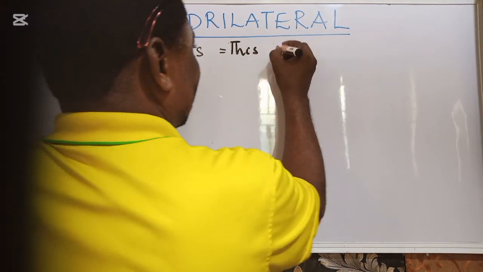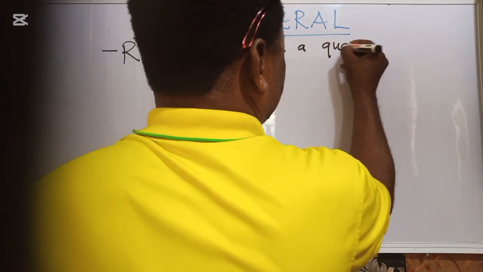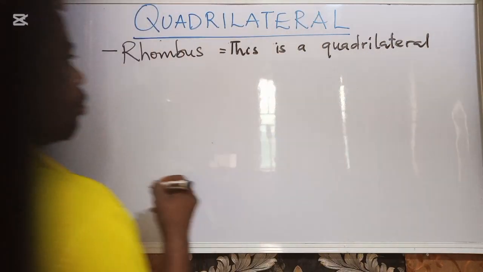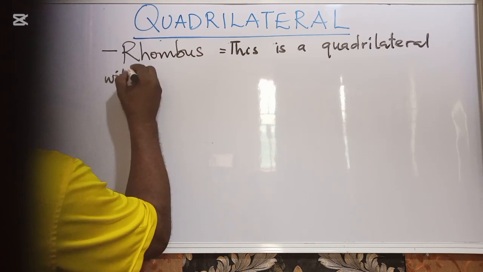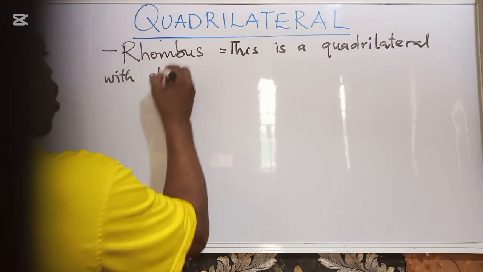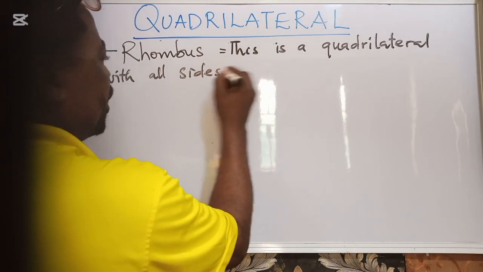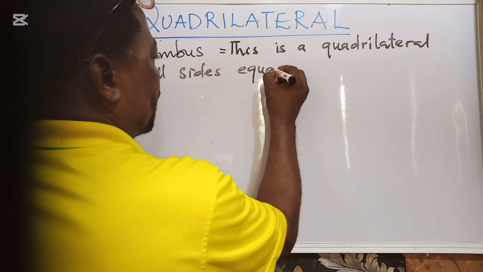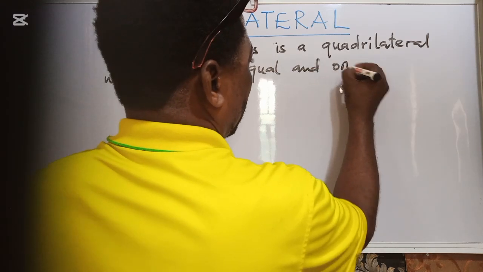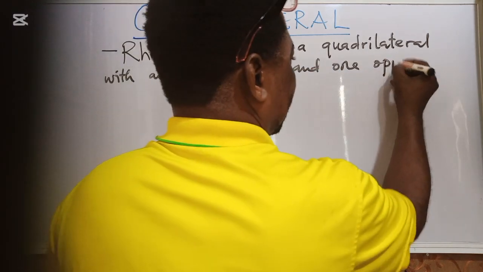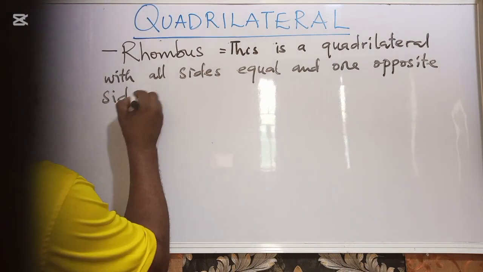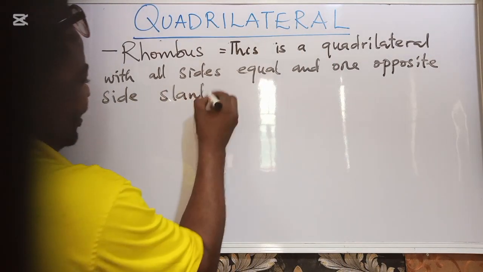This is a quadrilateral with all sides equal and 1 opposite side slant.